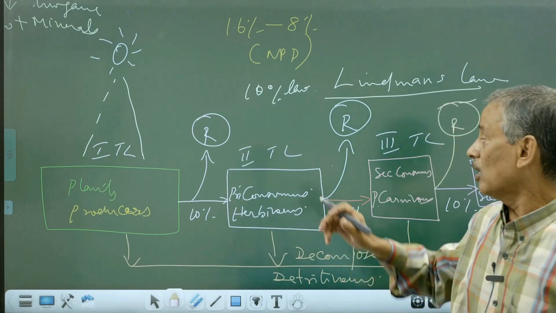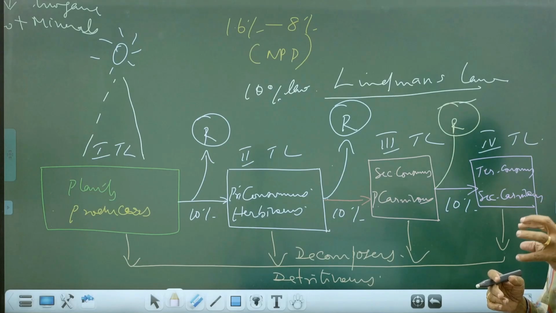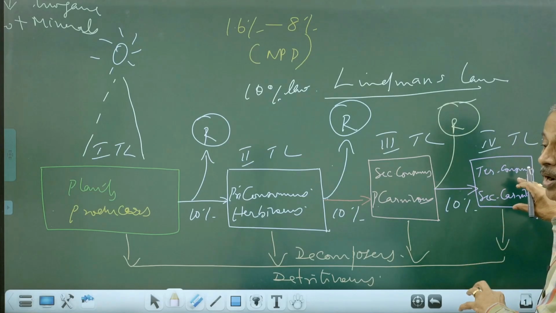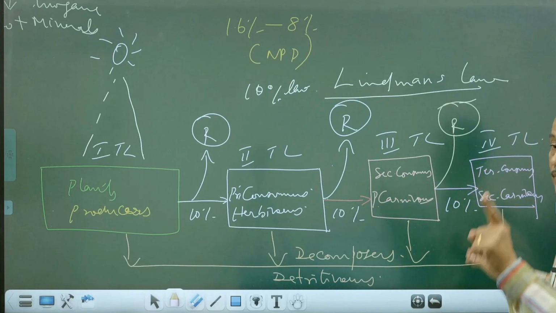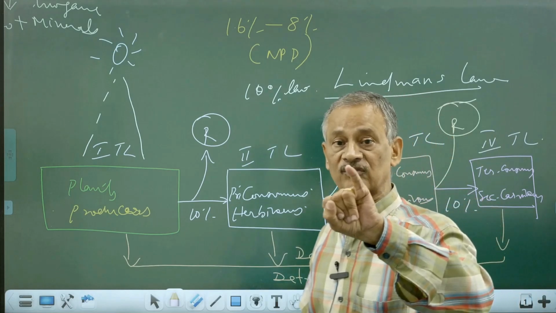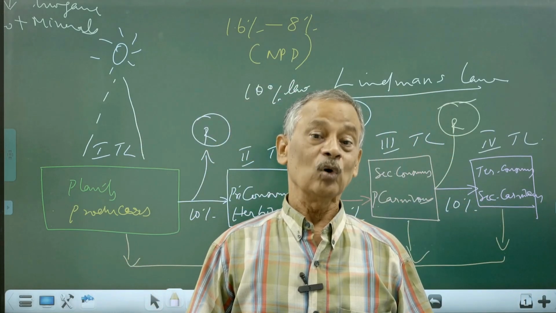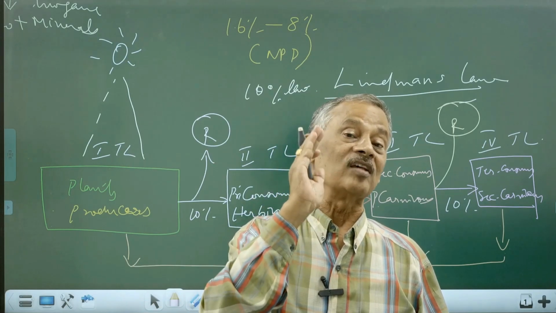Why? Because the energy content goes on decreasing. As the energy content goes on decreasing, the number of organisms and their biomass goes on decreasing. So, it is the energy reaching a trophic level that controls both the number of organisms there as well as their biomass. So, this is why nature is controlling the different sizes of populations.